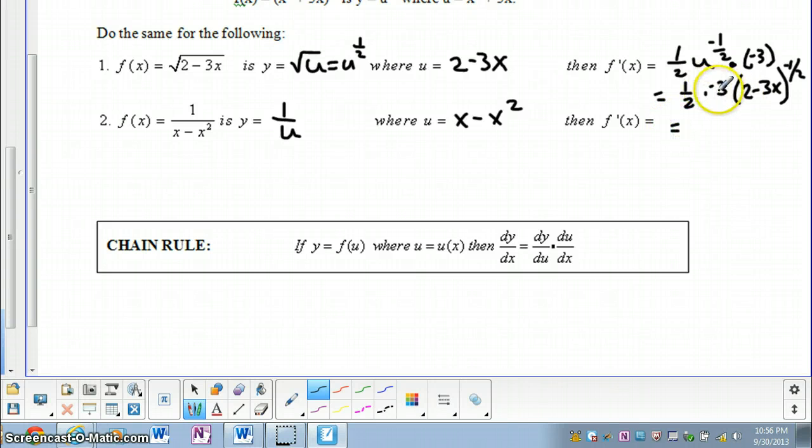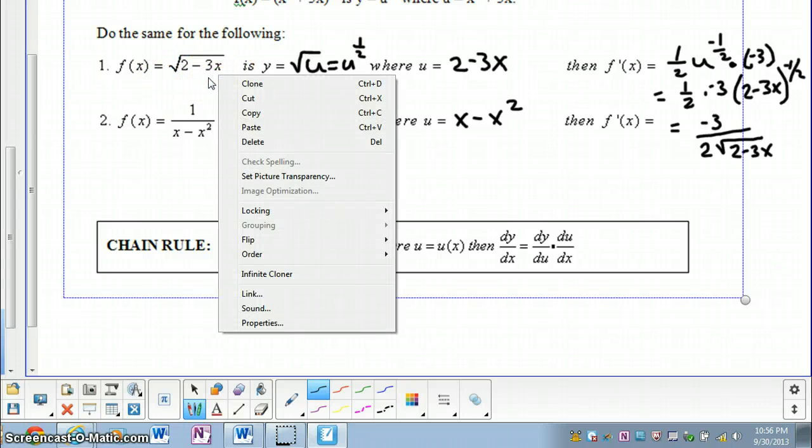So let's go ahead and multiply 1/2 times negative 3, and we'll move down our 2 minus 3x to the negative 1/2. Okay, so this is the derivative of our number 1 function here, the square root of 2 minus x.